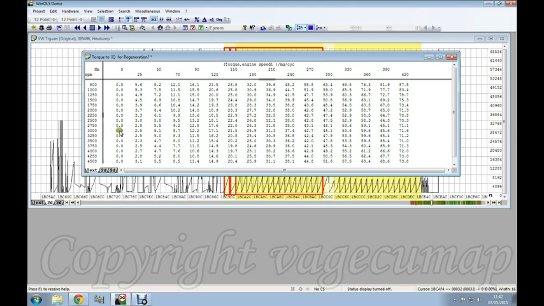So we can say to ourselves, well, let's have a look. 300 at 3,000 revs, and we need 48.1 milligrams of fuel. So 48.1 milligrams of fuel at 3,000 revs per minute should give us 300 Newton meters. So that's basically what this map is for.